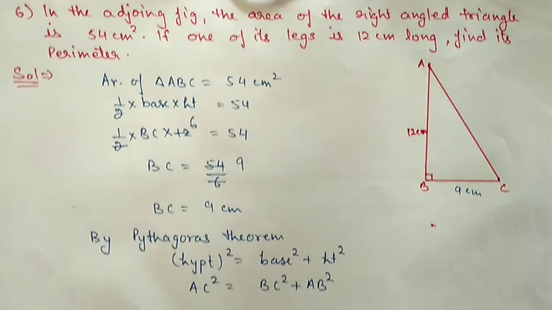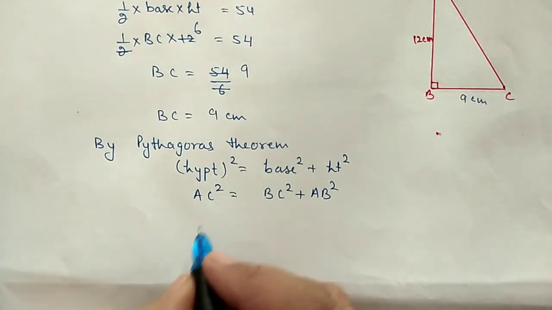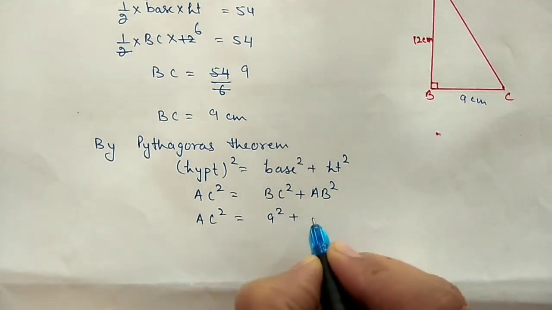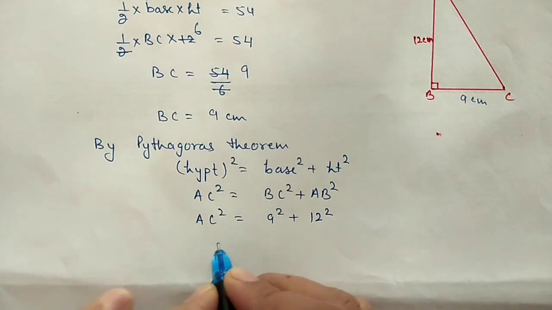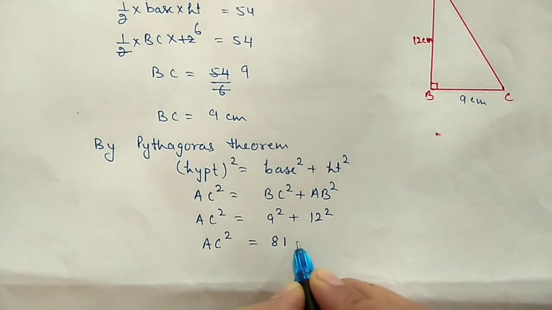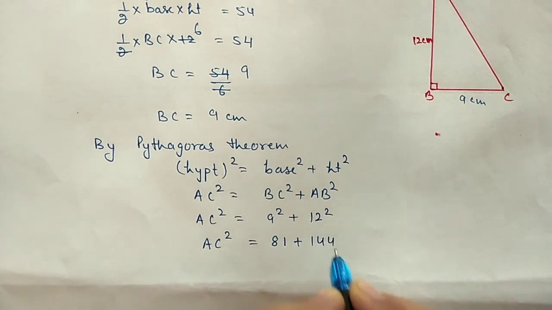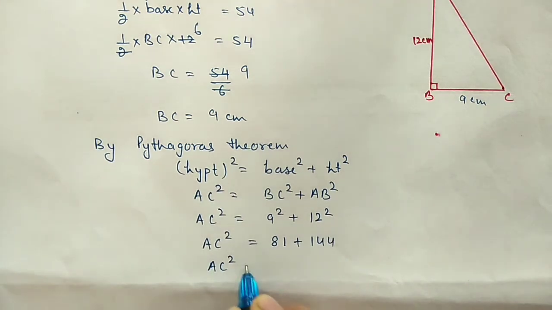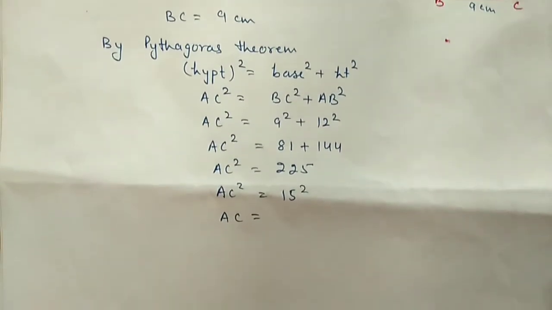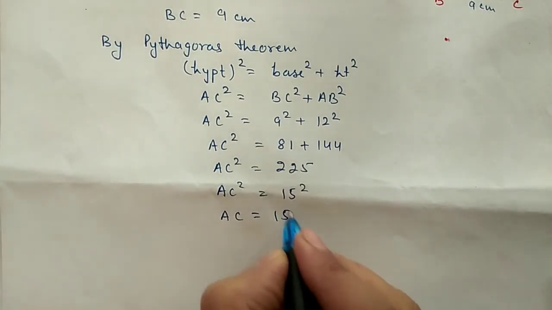We can substitute values now. BC is 9 centimeter and AB is 12 centimeter. 9 square is equal to 81, and this is 144. So we will get AC square is equal to 225, and 225 we can write as 15 square. So the AC value is equal to 15 centimeter.